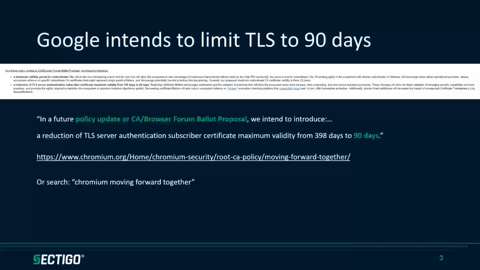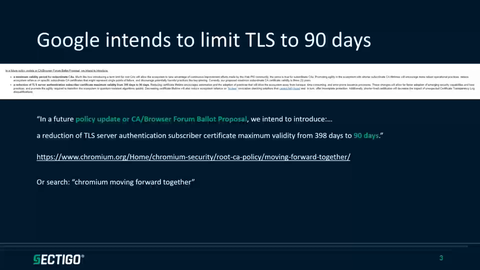What happened was on March 3rd, 2023, Google on its Moving Forward Together webpage, which is something the Google Chromium project manages in order to telegraph to the world what it intends to do in terms of certificate and public trust, put up a statement that said essentially that they intend to limit the maximum allowable duration of a public TLS certificate to 90 days.